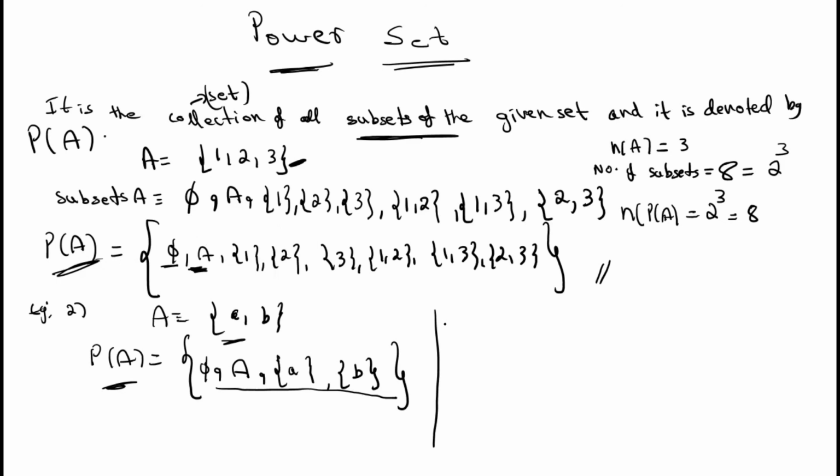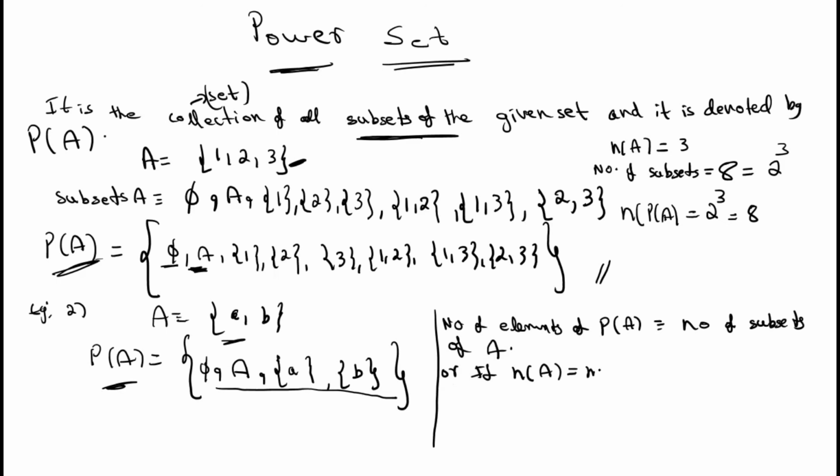So here I'll write: the number of elements of P of A is equal to the number of subsets of the given set A. Or you can write in notation: if n of A is equal to m, then the number of subsets is 2 to the power m.